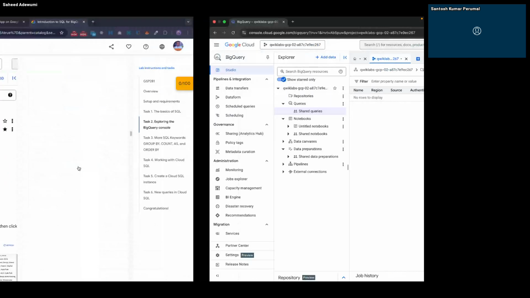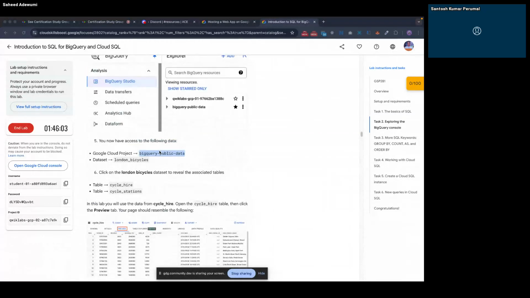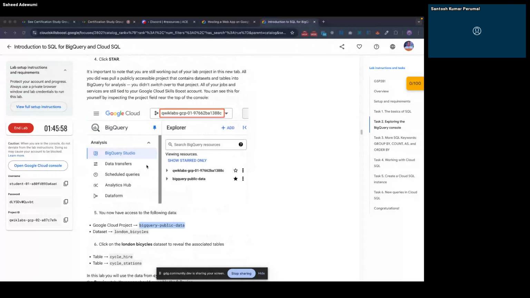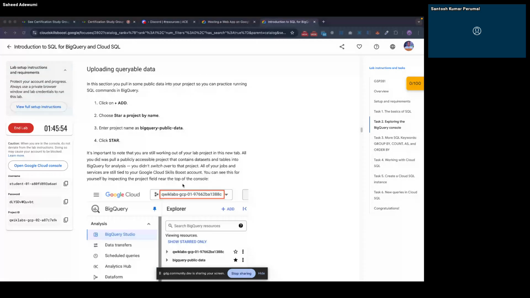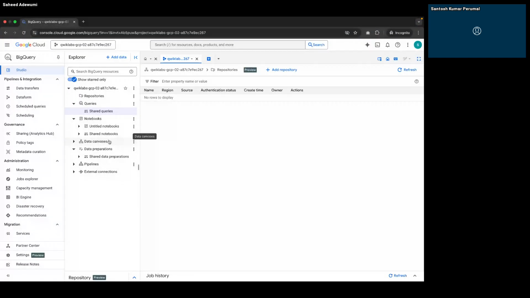I think there's an issue with the lab. There should be a default BigQuery dataset that we will use, but BigQuery is missing here. So maybe there's an issue.